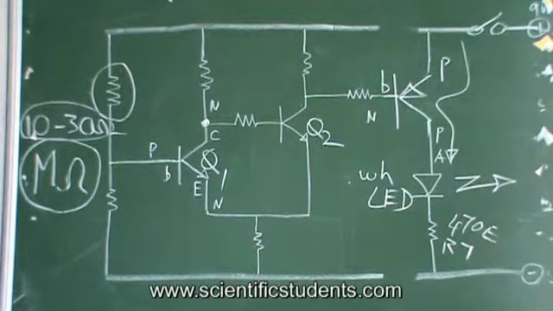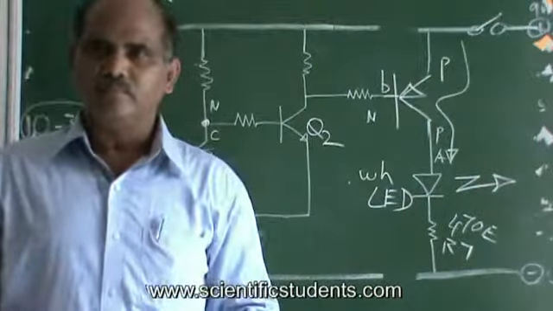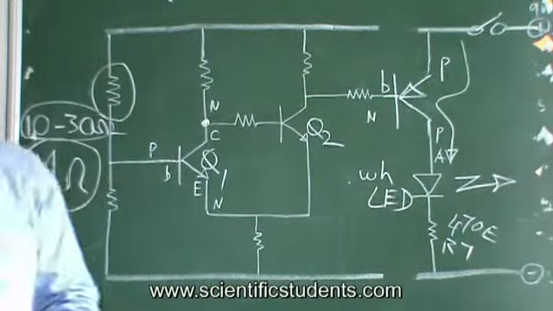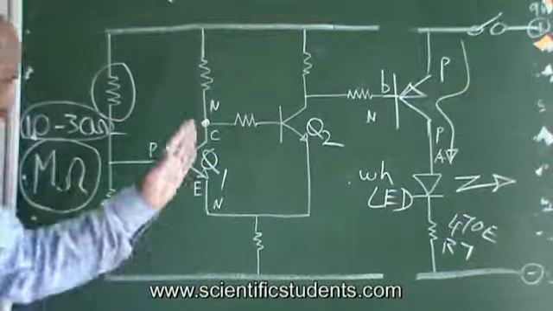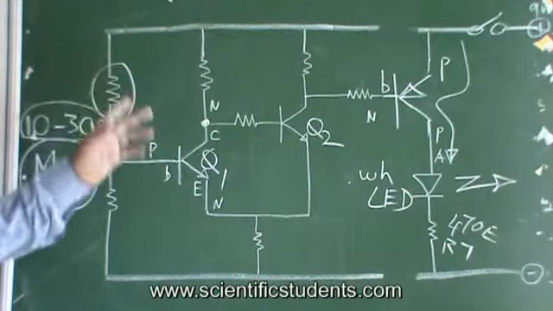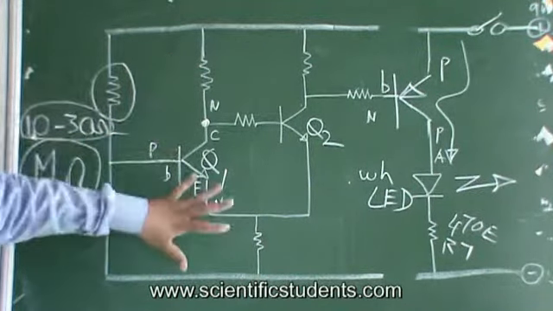Now, the question: to keep this transistor off during the entire daytime, you have to keep this transistor on. It will be on because the LDR resistance is low during the daytime. That means some current is always passing through this circuit.